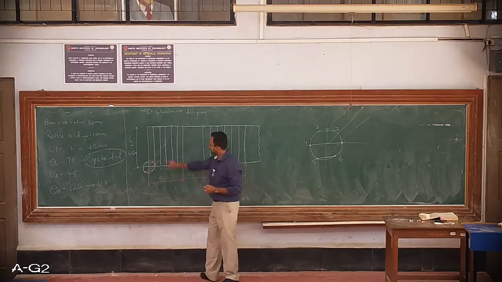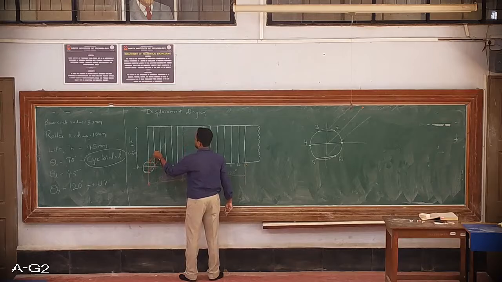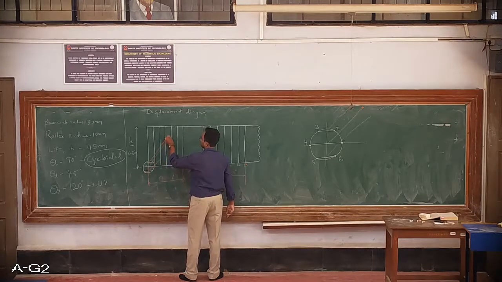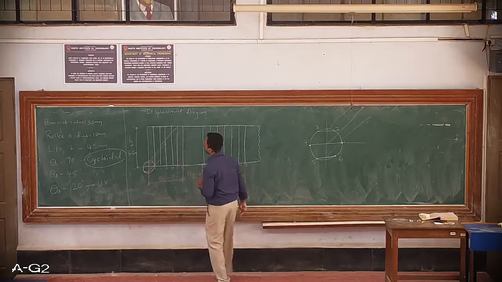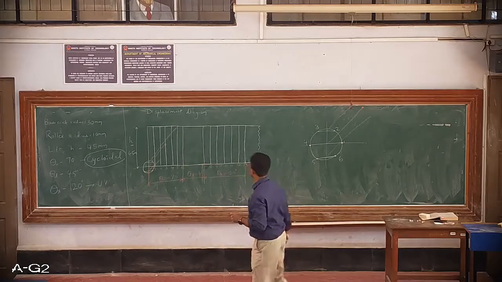And from the top line, I will draw another parallel line, which will be something like this. So you will be getting 3 lines.